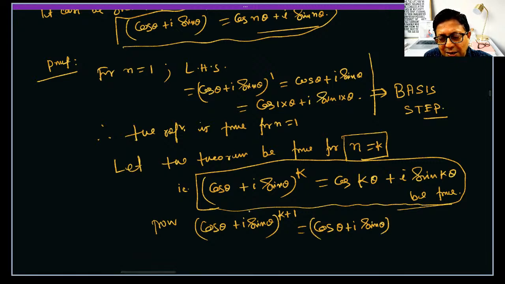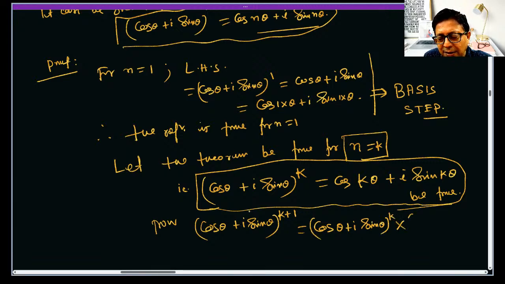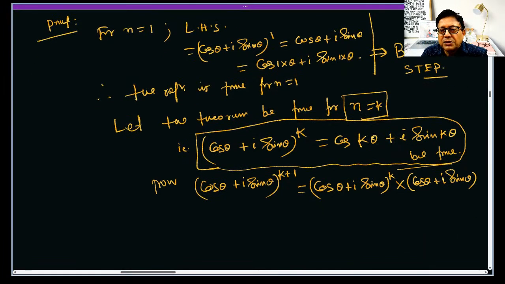Cos theta plus i sin theta to the power k, times cos theta plus i sin theta. Now this result, what we have assumed, that we can put.